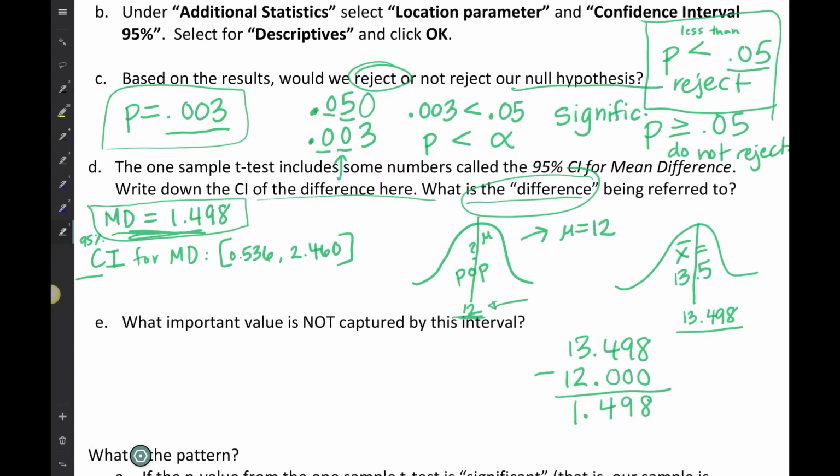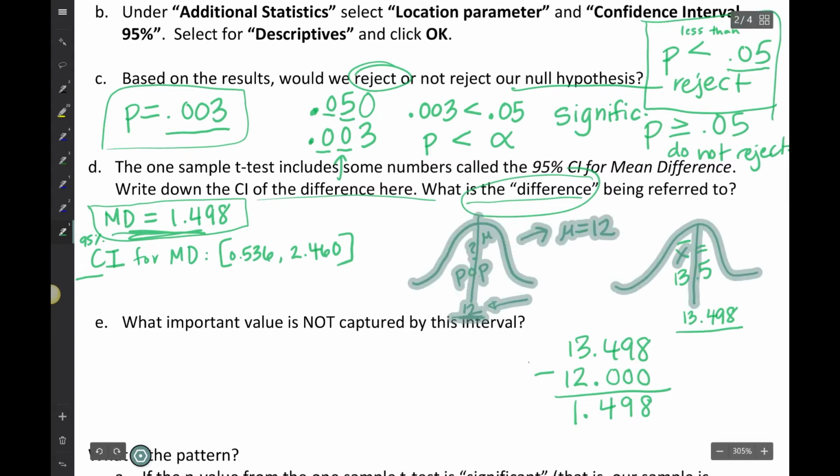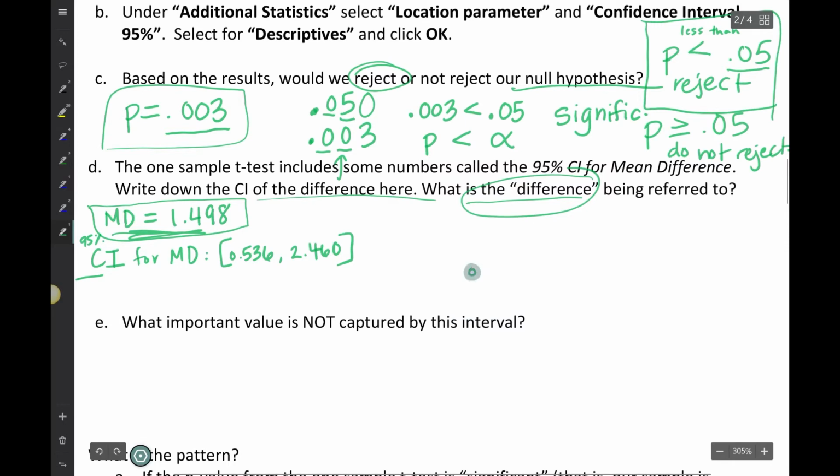Okay. So let me go ahead and clean this up and redraw a little. Give me a second. So this confidence interval is saying that we have the hypothetical population with some mean, and then we have our sample.